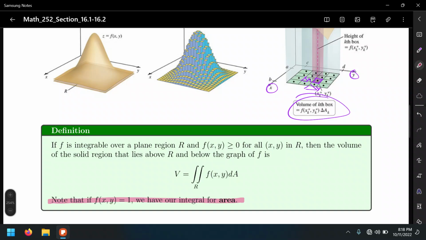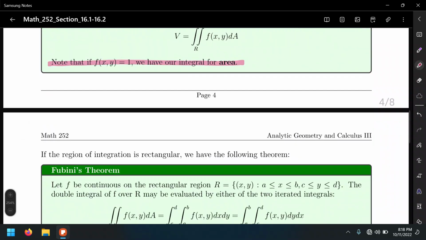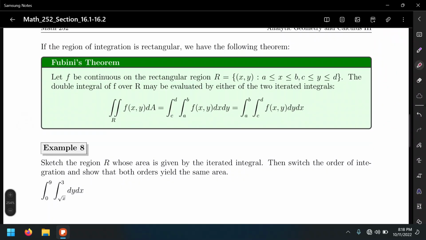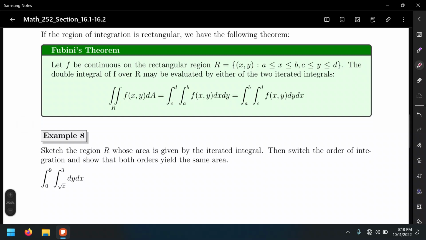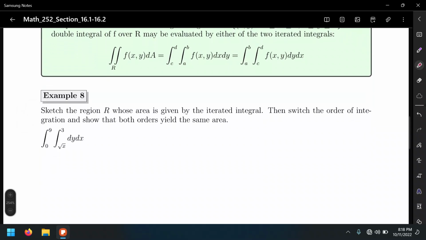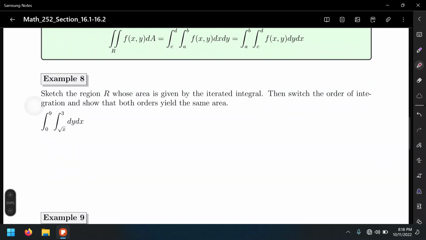Whenever we have a rectangular region, we have the following theorem, which is called Fubini's theorem, which essentially tells us that we can go about whatever order, either horizontally simple or vertically simple, either way. Okay, so let's see. Sketch the region whose area is given by the iterated integral.